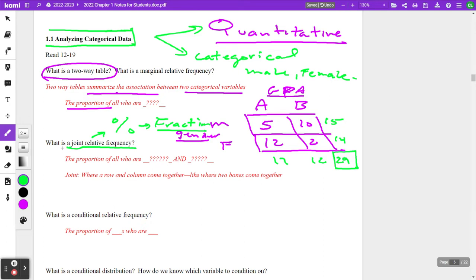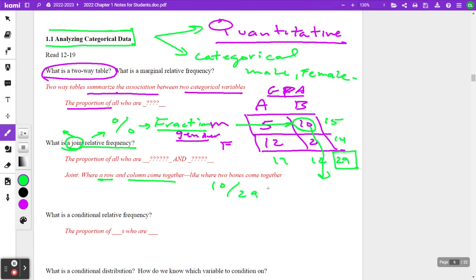This new word right here is a new piece. It's basically where a row and a column come together, like two bones. If we go over to here and we go to here, the joint relative frequency of males that get B's is 10 out of 29.